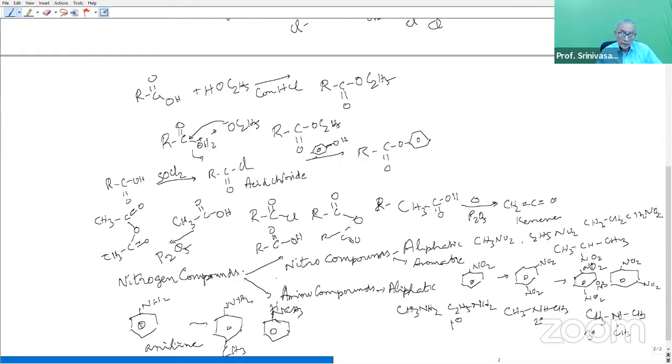So this is a secondary amine. You can also have N,N-dimethyl-aniline. Just like in the alkyl cases, you have the disubstituted anilines.